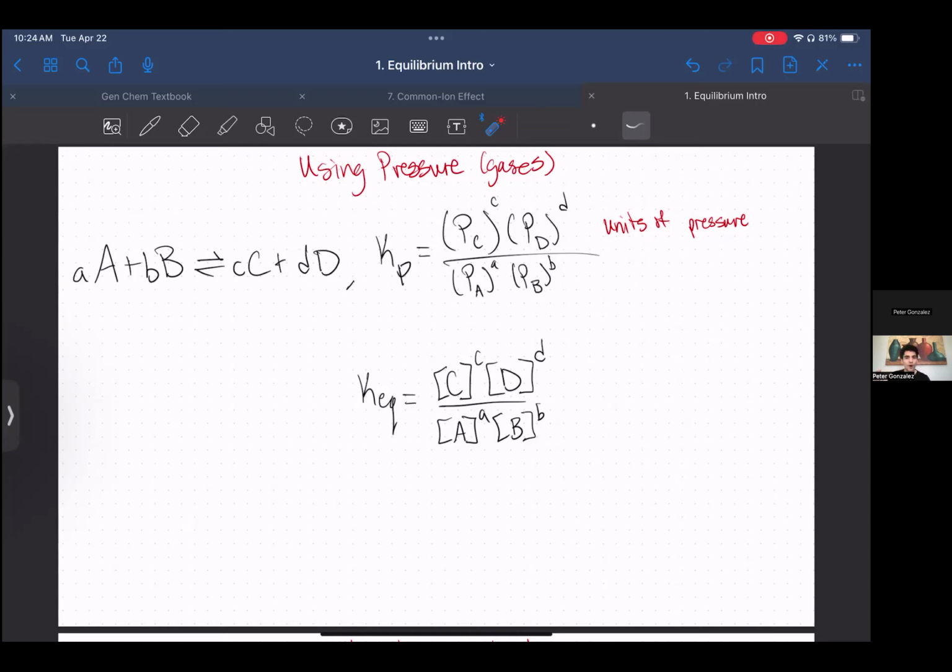Specifically, if you're in bar, it's close enough to atm that you can get away with that. I would be worried about using millimeters of mercury or pascals or something. So keep that in mind. I'd say try to use atm when possible.